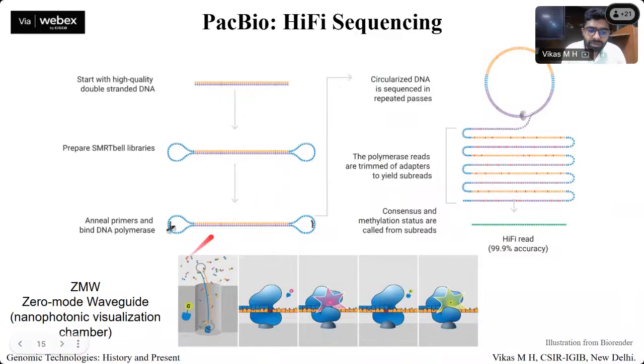So what they also have is that these SMRTbells are also designed to go and attach into very small chambers, which are called zero mode waveguides. Here they will go and attach where only one single molecule is permitted. So once it is populating, the other sequences won't be able to populate this.